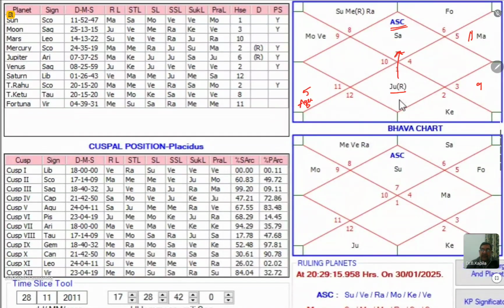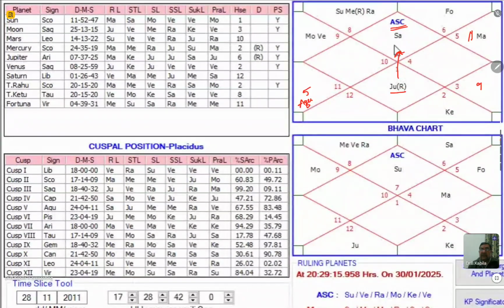I repeat again. What is important is that Jupiter should directly or indirectly make a link with the fifth house, either through its aspect or by presence in the fifth house, ninth house, 11th house, or Lagna, or it aspects the lord of the fifth house.